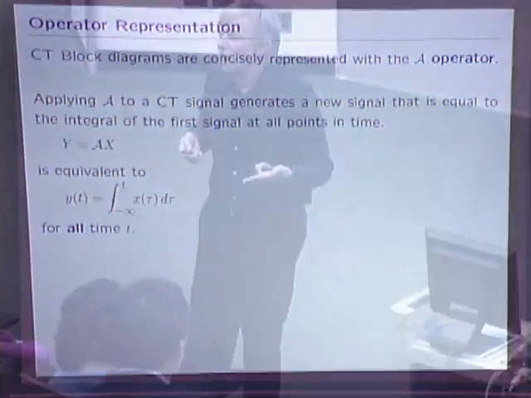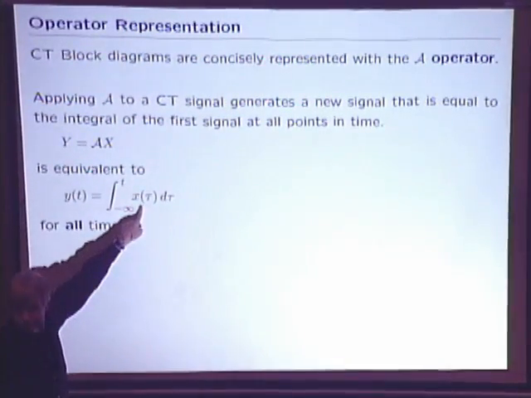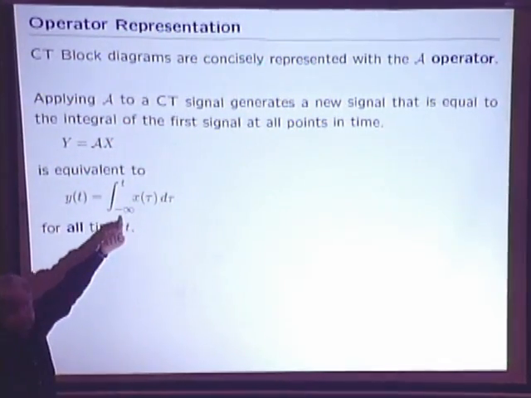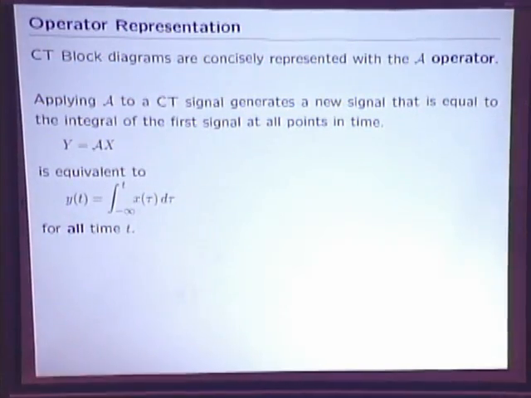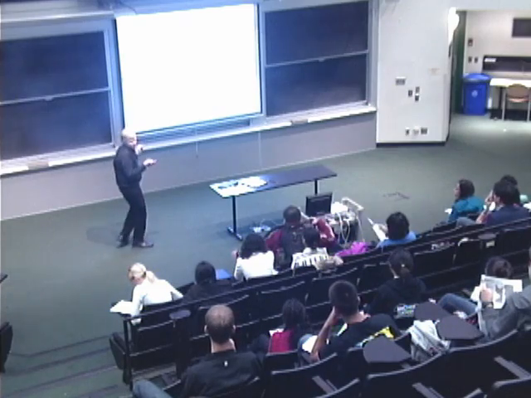And when you apply the A operator to a signal X, it generates a whole new signal Y that is everywhere equal to the indefinite integral of the input signal. So the A operator is: start with the input signal X and integrate it with regard to time, starting at minus infinity and going up to T. That's the Tth value of the output signal. Simple. So let's see how simple.